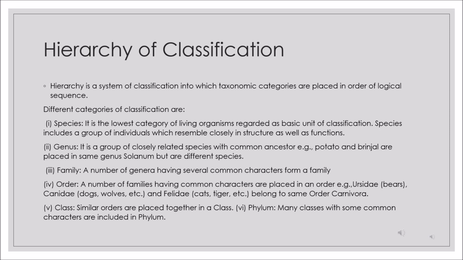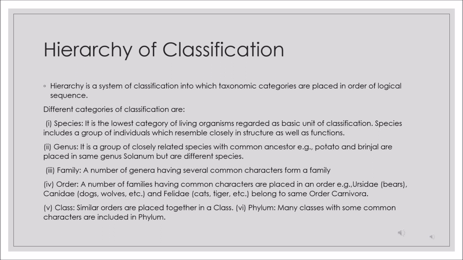We have white, yellow, and red. Red is one type of species, yellow is one type of species, and white hibiscus is one type of species. So we put those three different species under one group that is called genus. It is a group of closely related species with a common ancestor.